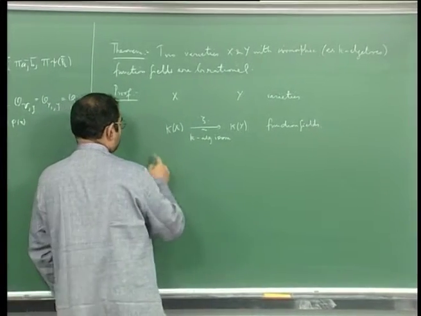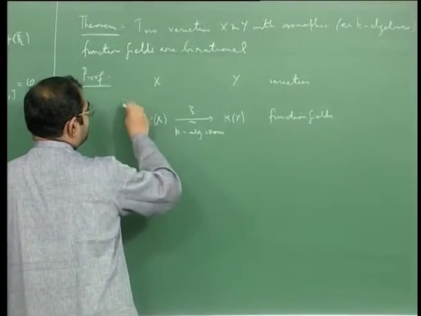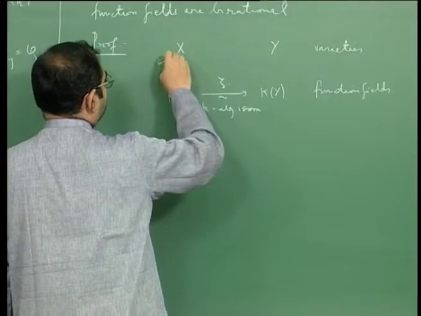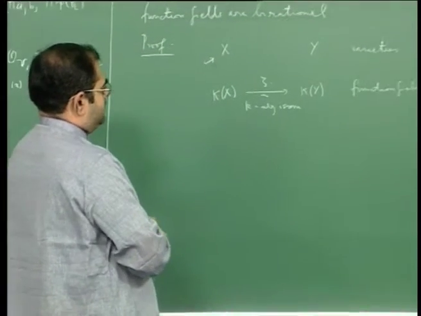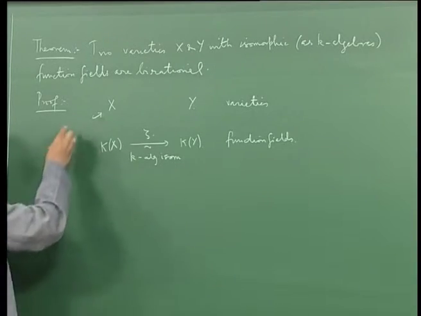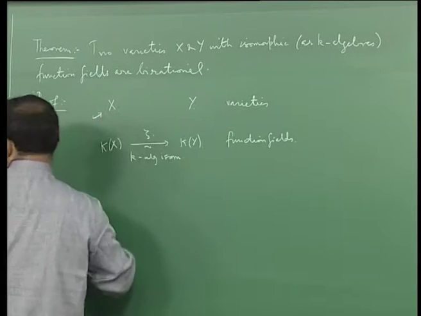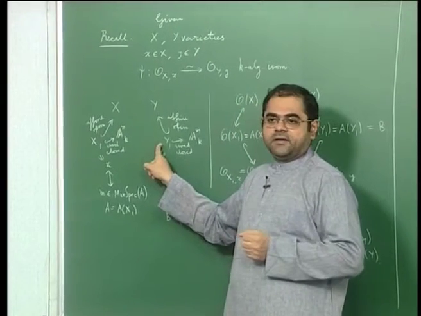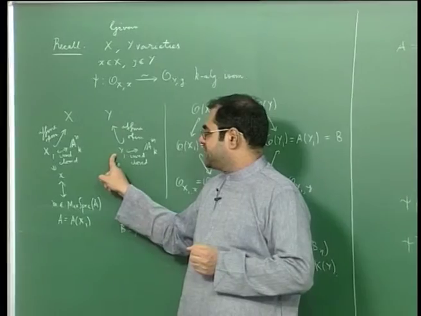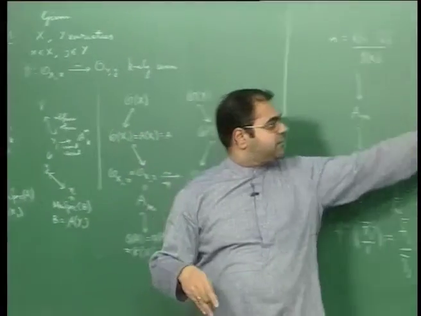So just as we did there, we went to affine open sets, which helps us to translate everything into commutative algebra.